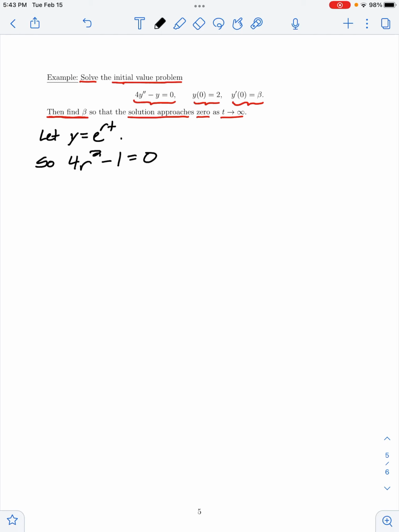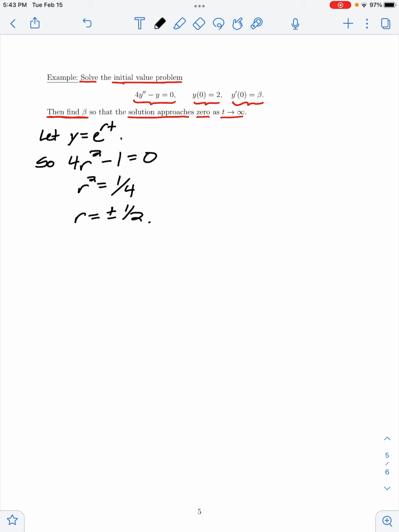So we could either solve by factoring, or if I add 1 to both sides and then divide by 4, r squared is 1/4. And then we can solve directly for r as positive or negative 1/2. So here we have one positive root and one negative root.